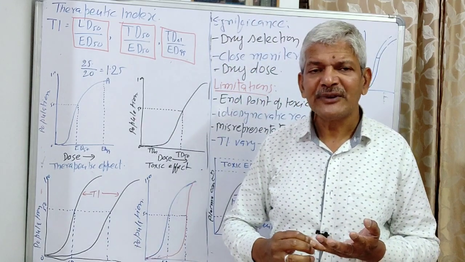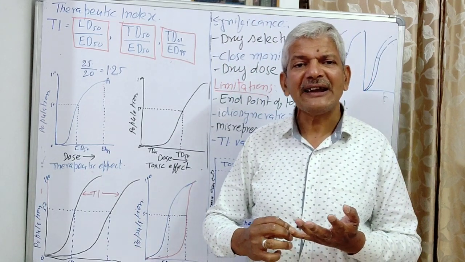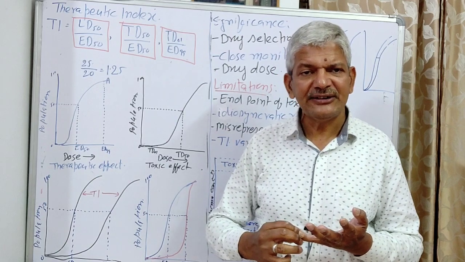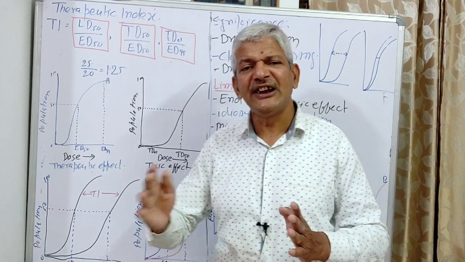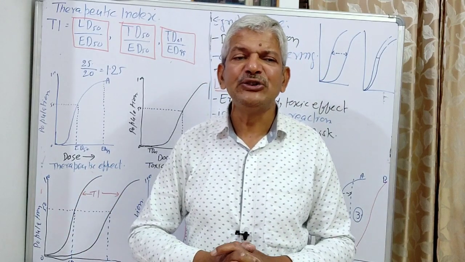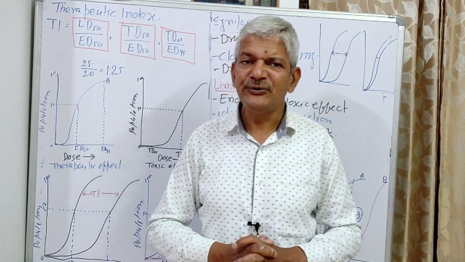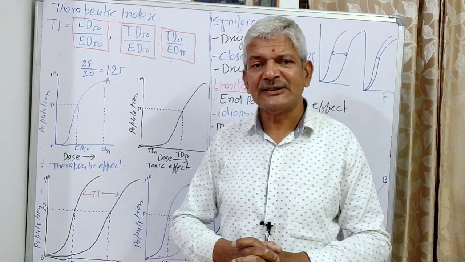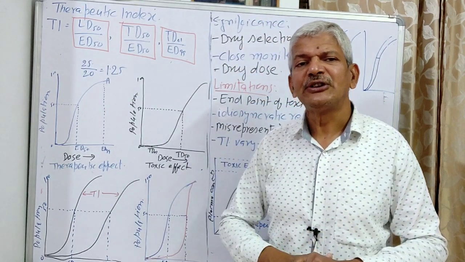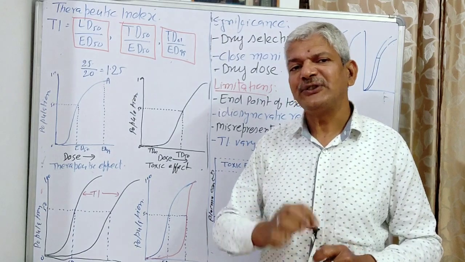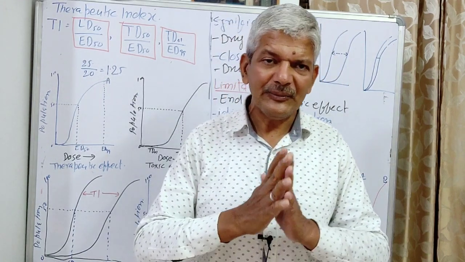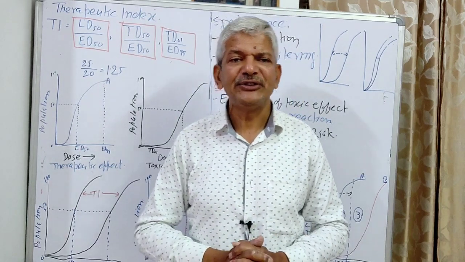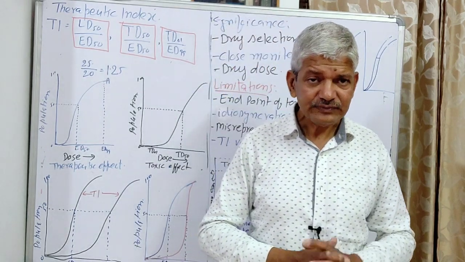This endpoint may be blindness, maybe cancer, maybe diabetes, maybe nephrosity, etc. Means there are various endpoints that can be used to calculate the TD50. Now it will be difficult to decide which endpoint should be used to calculate the TD50. Means this is also not a reliable parameter to calculate the therapeutic index.